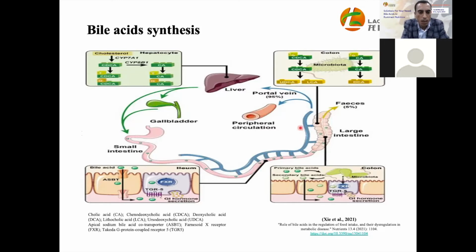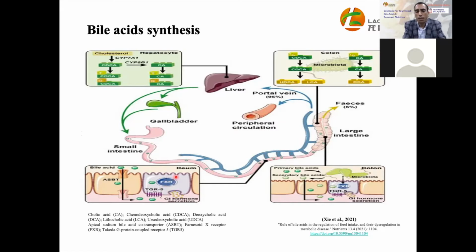The second point I would like to mention is that when bile acid is absorbed in the small intestine, it activates nuclear receptors. The two famous groups are FXR and TGR5.